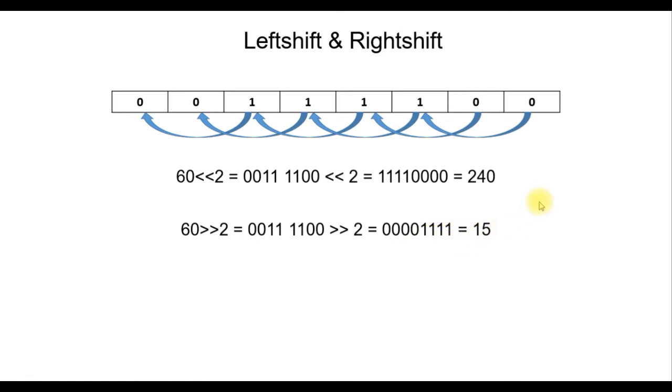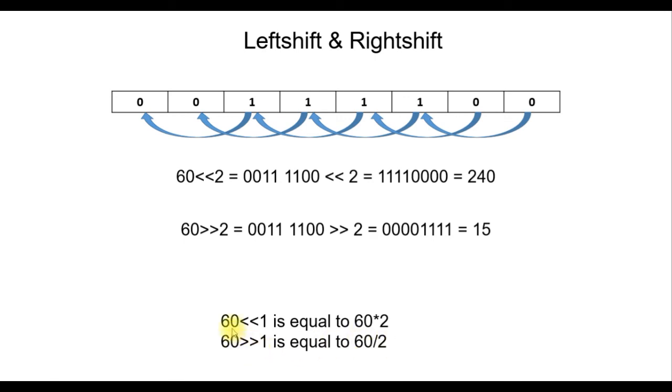Now if you see one thing here, when we left shift by 2, the number becomes 240. So 60 left shifted by 2 is 240, and 240 is nothing but 60 multiplied by 4. And when we right shift, it gets divided by 4. So every left shift operation is equivalent to multiplying a number by 2, and every right shift operation is equivalent to dividing a number by 2.